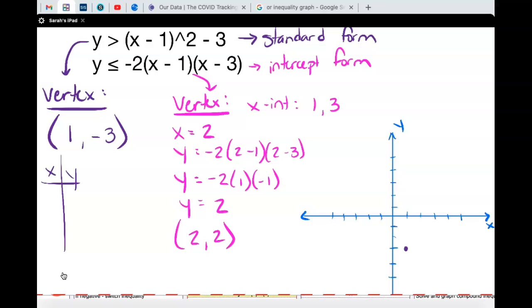So x values, we plug in. What x values do I plug in? -1, 0. Okay.